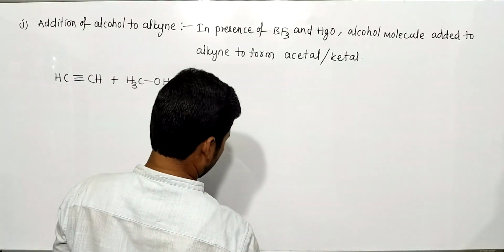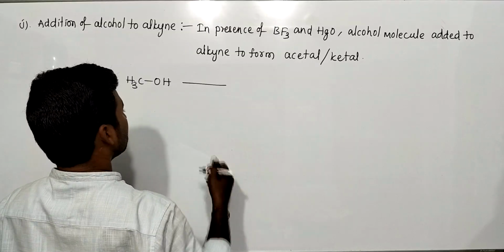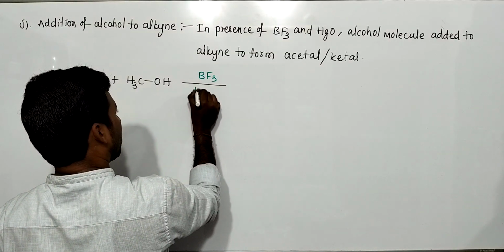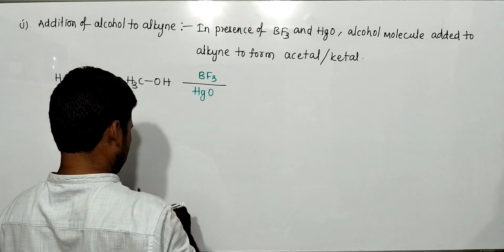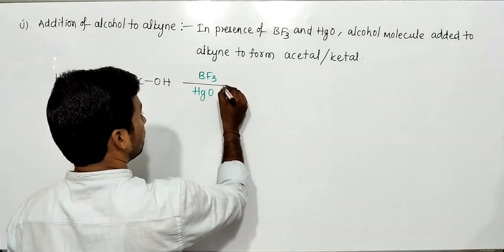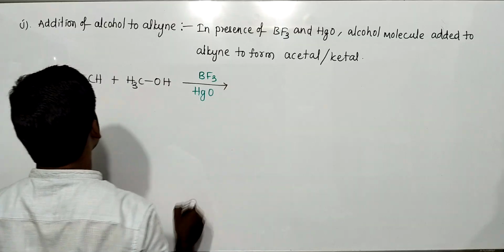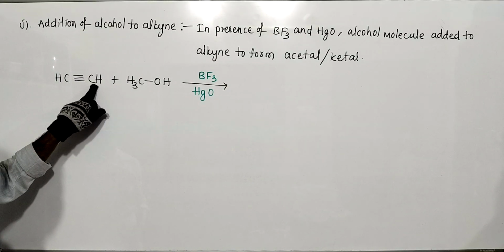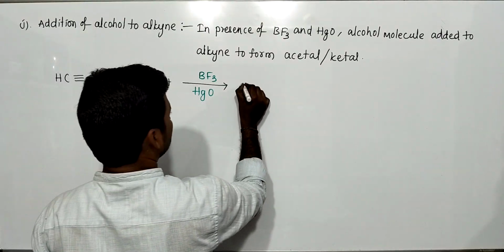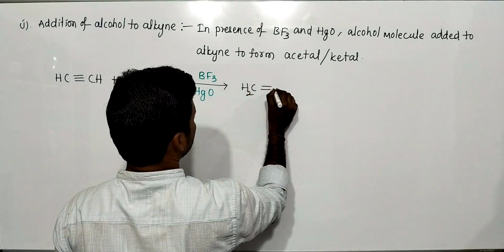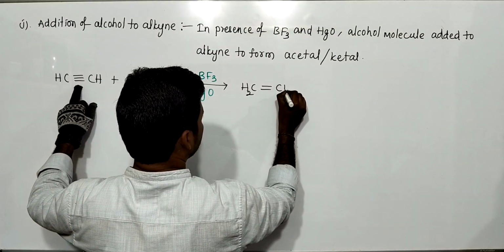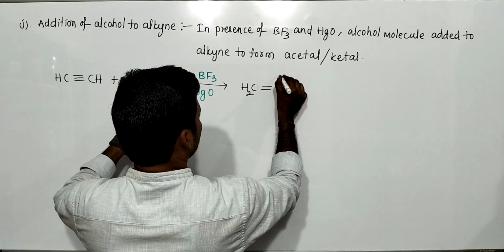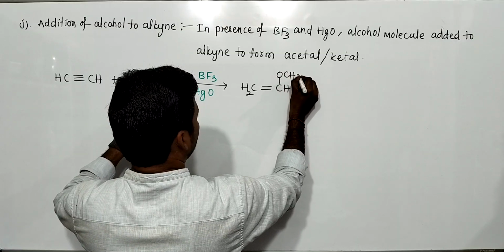This reaction takes place in presence of BF3 and HgO, which gives CH3O added to one carbon and hydrogen added to the other carbon. Here hydrogen is added, the triple bond becomes a double bond, CH2, and OCH3 is added.